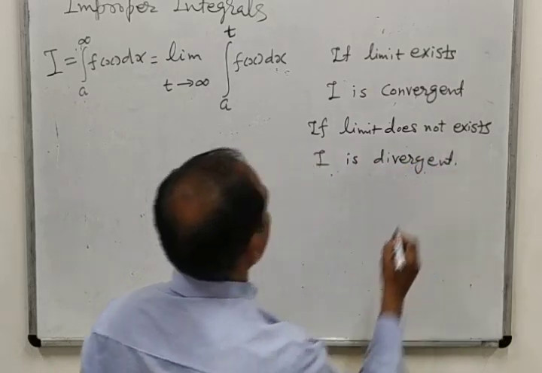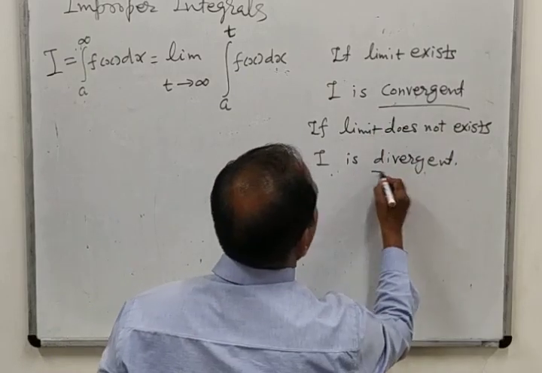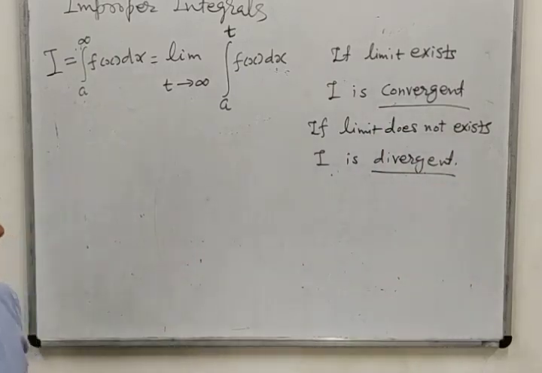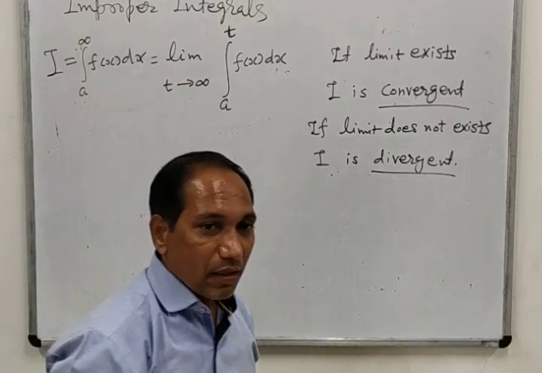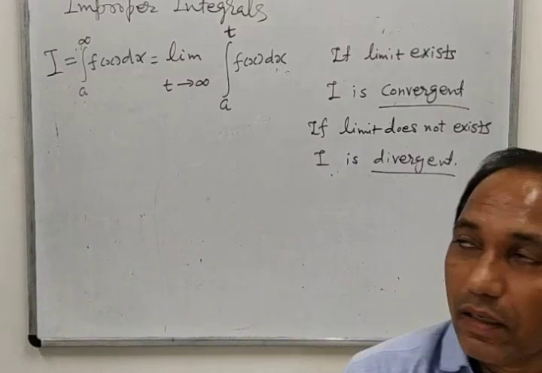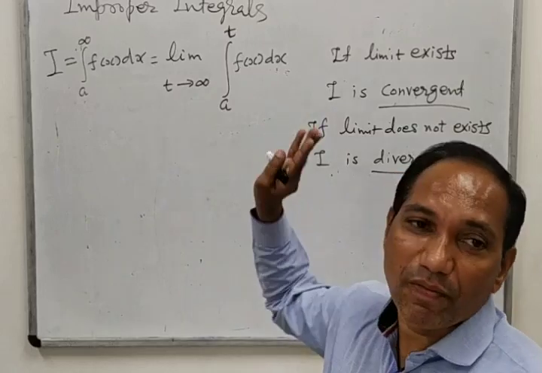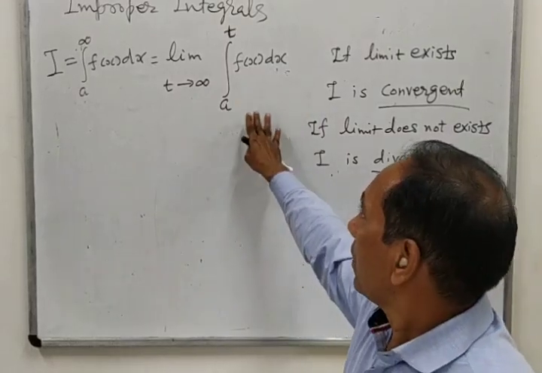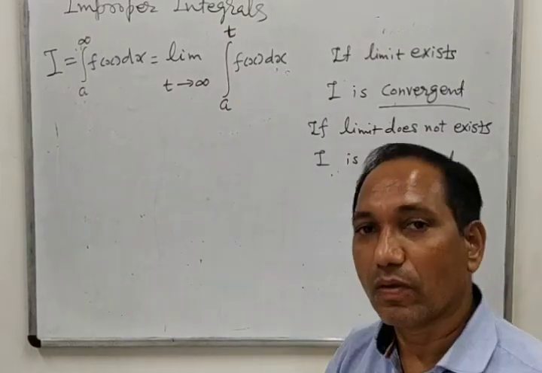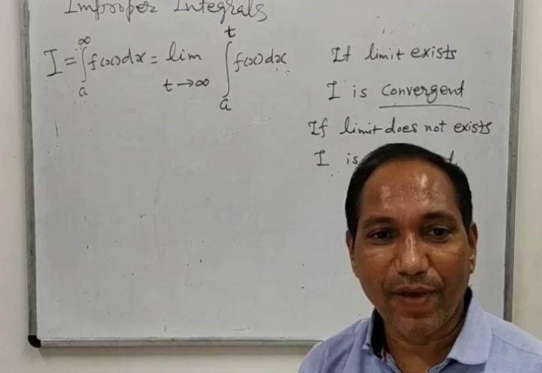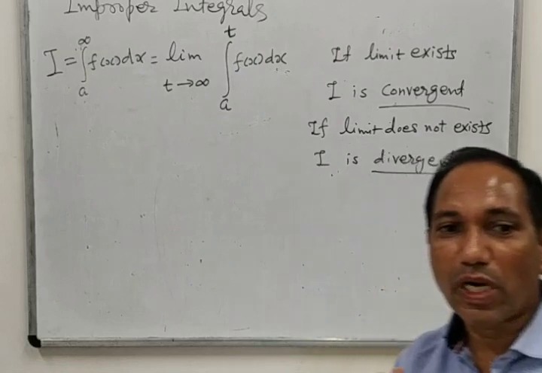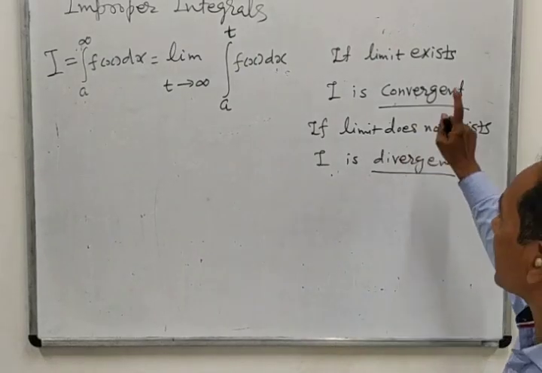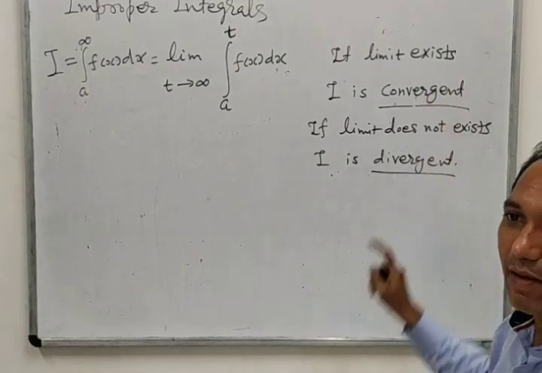So here we want to see these two types, convergent and divergent. In improper integration, we will not focus on the value, which kind of value is there. We just want to focus on whether the integration is convergent or divergent.